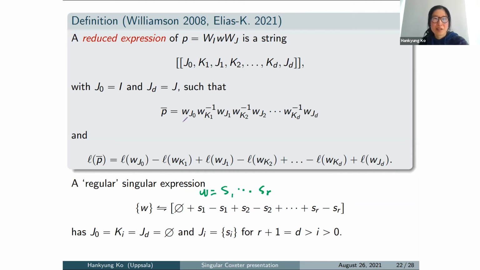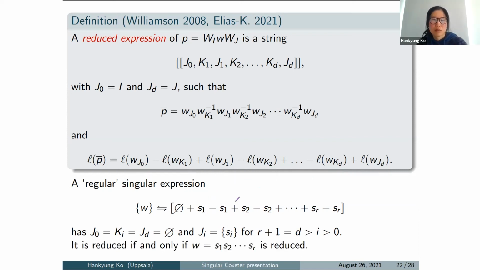So if you take this product, you get a bunch of E's and S_i's. So you get W. And also, these are 0, so you only add the lengths of S_i. So the definition agrees with the original or the regular definition.